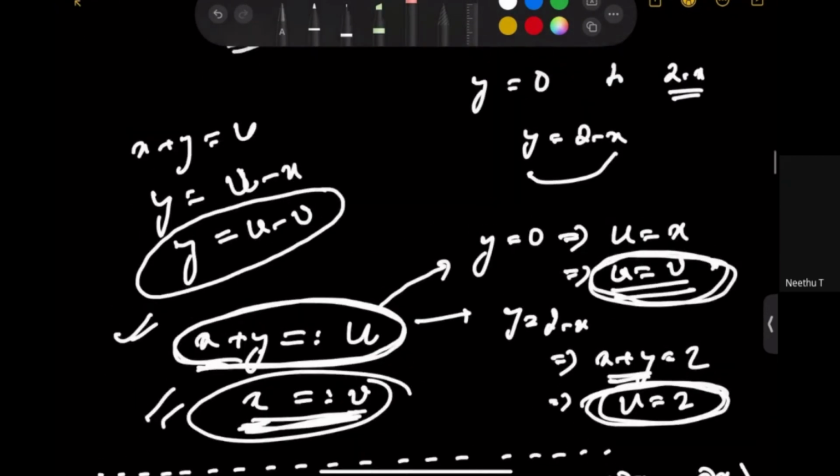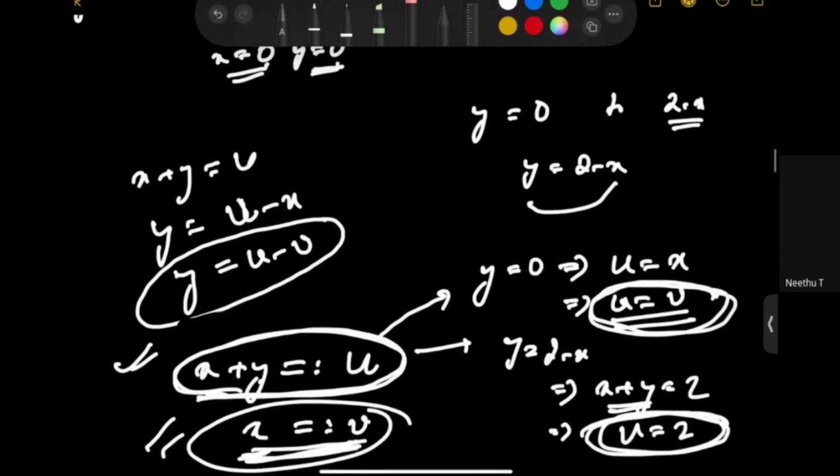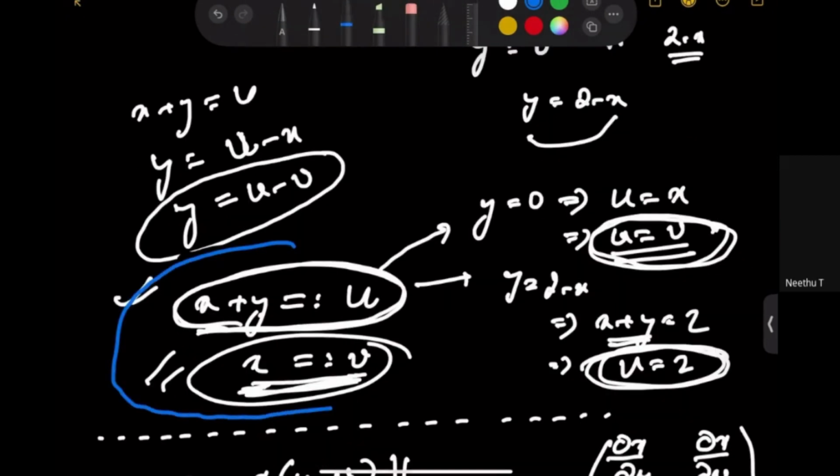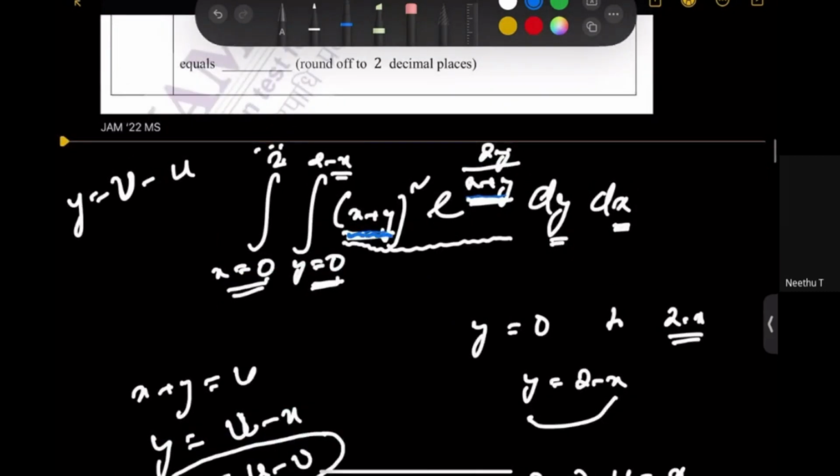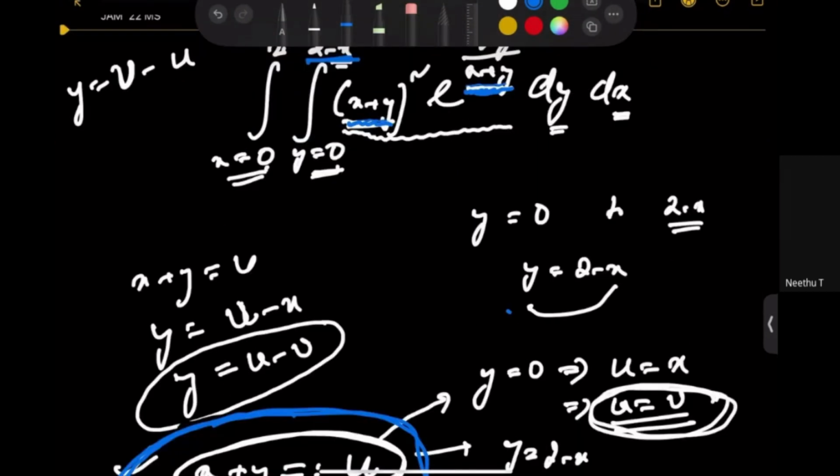Yeah, first thing, why we use this substitution is that this was the clue that we found in the question itself. Why x plus y, we changed it into u? Because you have something like x plus y occurring repeatedly, right? And also in the limits. I showed you why the limit might also give you some clue, right? y equal to 2 minus x, so x plus y equal to 2.